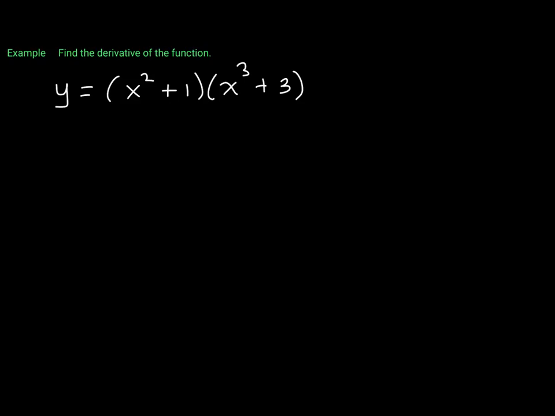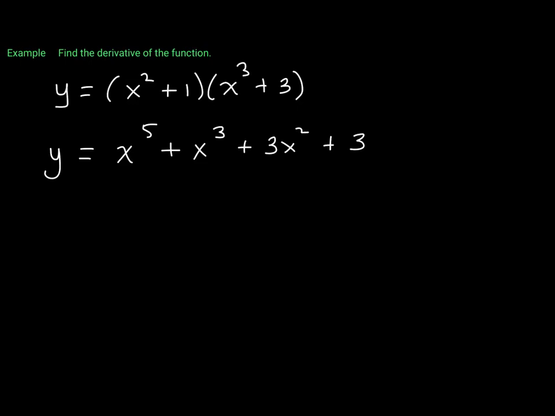You know, we could have rewritten this as, multiply, distribute this, and this would be x to the fifth, right? Plus x cubed. I'm trying to write this in descending power order. 3x squared plus 3, like that. This is what y is.